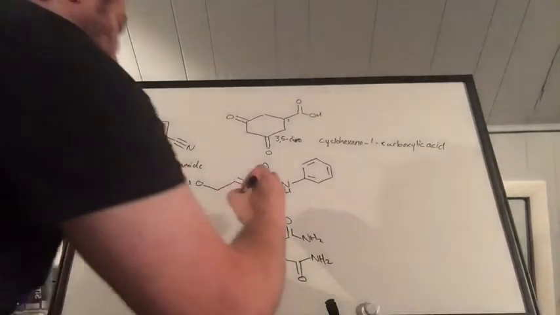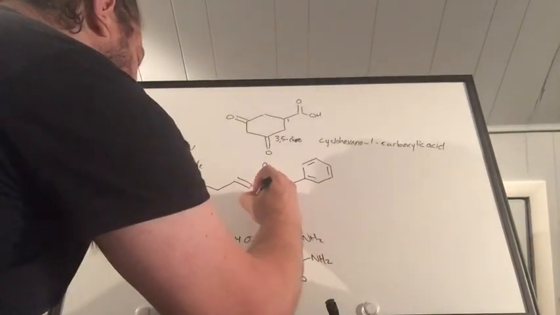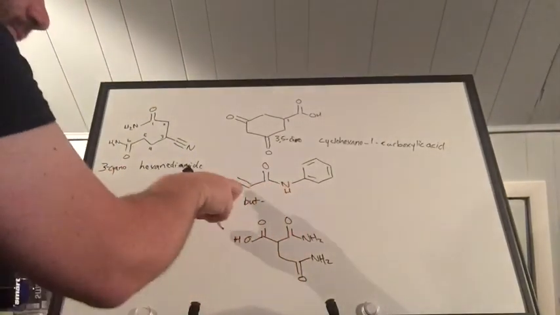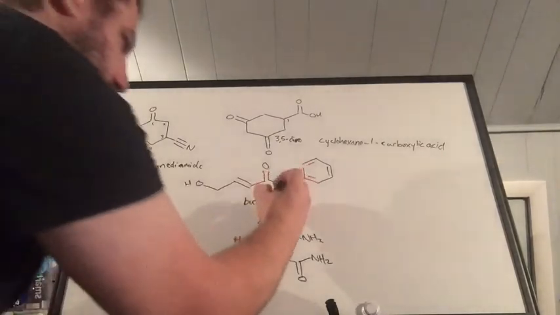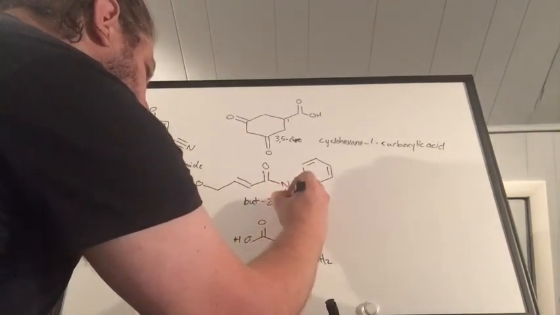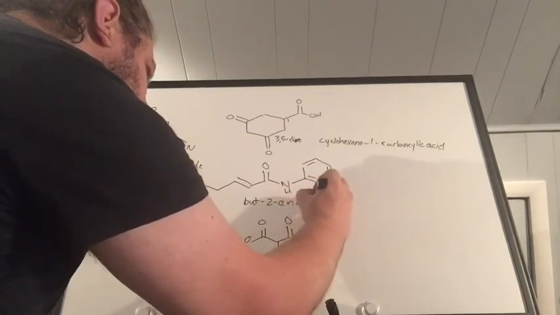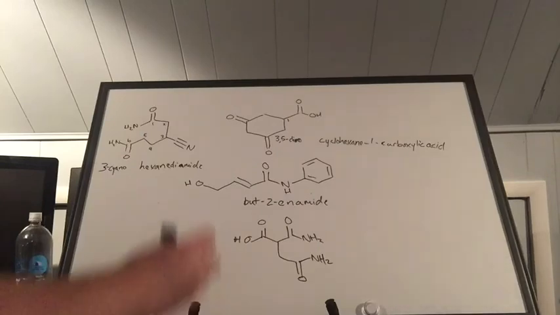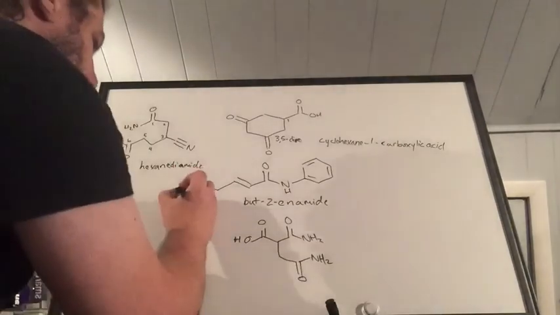So but, but we have an alkene, so we're going to put but-2-enamide. Okay, and we're going to have a 4-hydroxy, right?